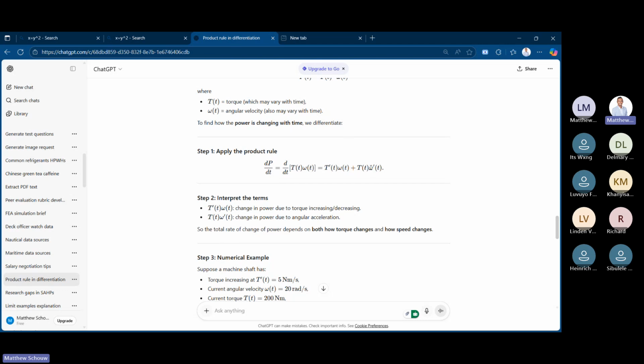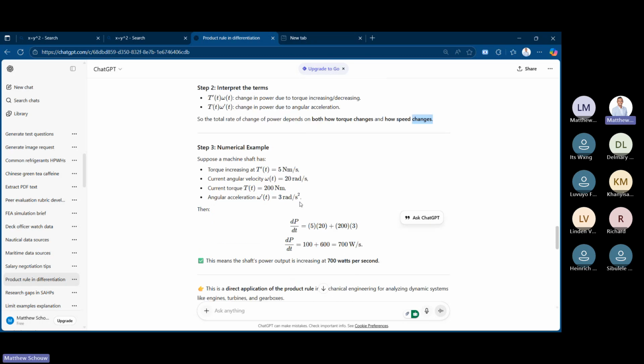Obviously, because the derivative of omega, which is the speed, is acceleration. So the total rate of power depends on two things: how the torque changes and how the speed changes. Here they give you an example.